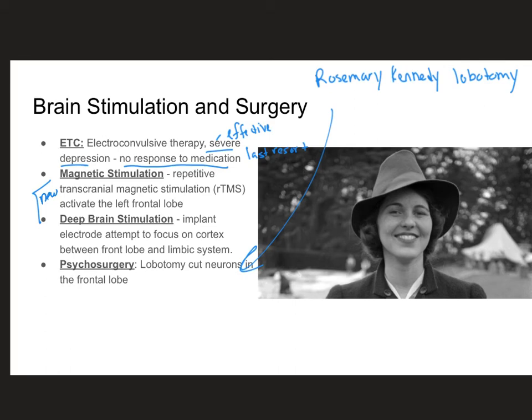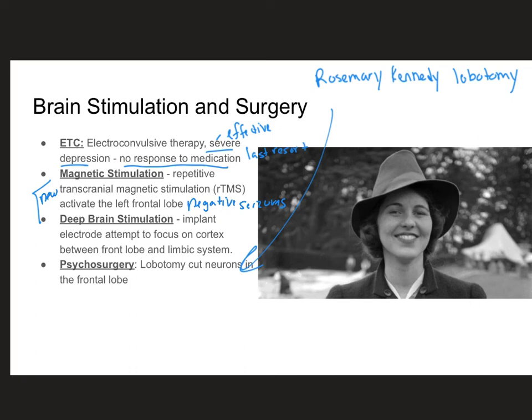So magnetic stimulation is when transcranial magnetic stimulation activates specifically the left frontal lobe. There is a negative though. It can lead to seizures and even convulsions.